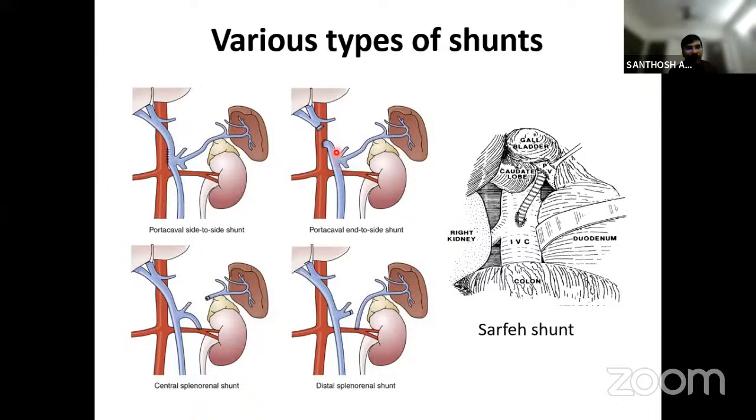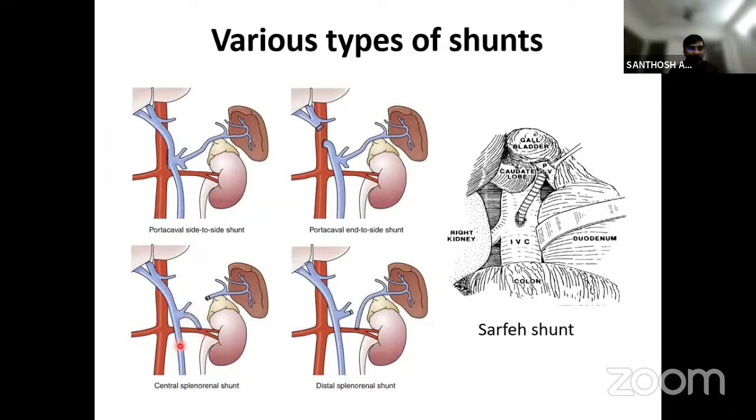This is end-to-side portocaval shunt, or the Eck fistula, which is no more being followed. So this is the most commonly done shunt, which is otherwise called proximal splenorenal shunt. What we do here is we do splenectomy, and the proximal splenic vein is anastomosed with the side of the left renal vein.